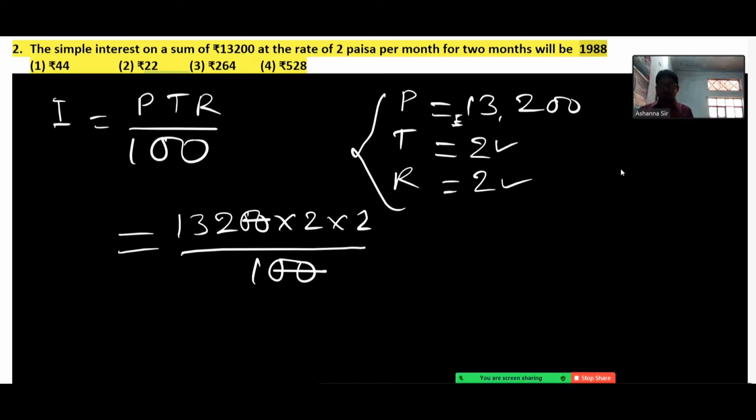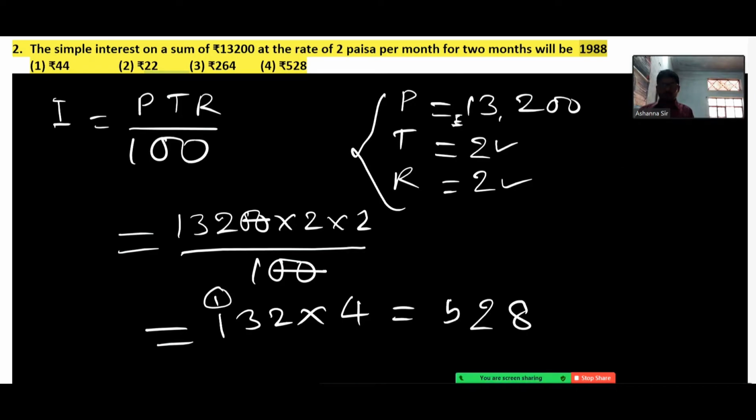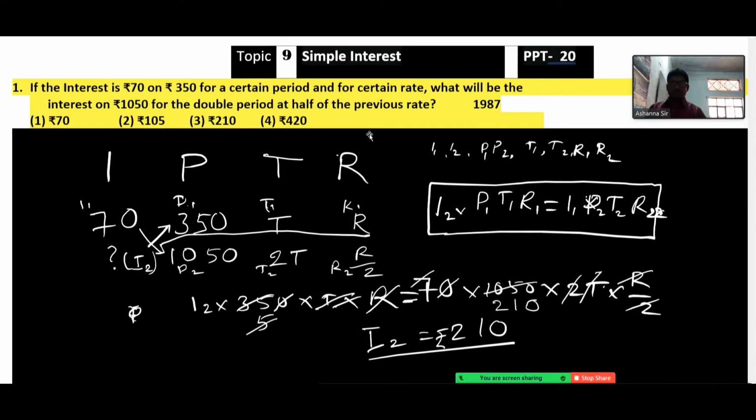Two zeros cancel. 132 into 2 into 2 is 528 rupees. This is the interest, children. So option 4, 528. In the first question, option 3, 210.